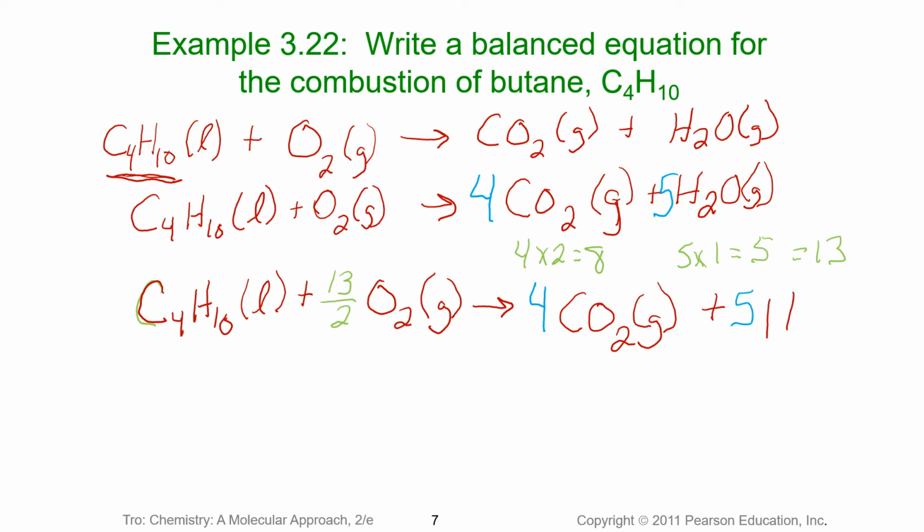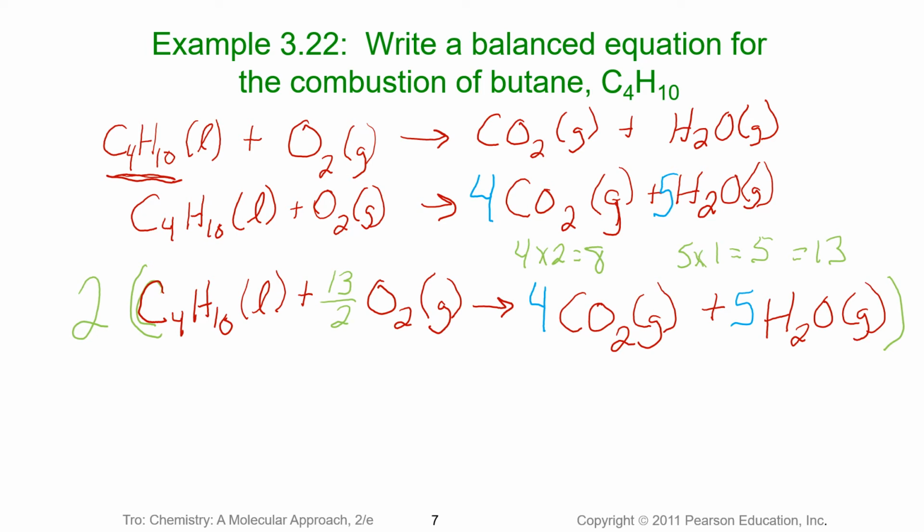So in order to get rid of the fraction, we are going to multiply the entire chemical reaction. All of the coefficients are going to be multiplied by 2 to get rid of that denominator.